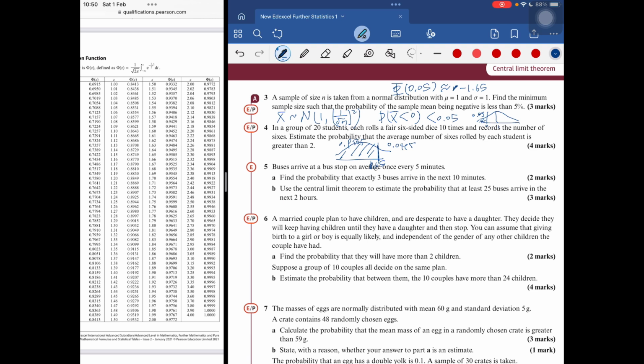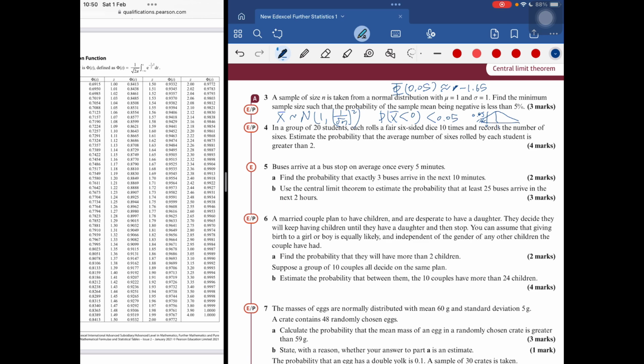Because this is symmetrical, by the symmetry we can tell that on the opposite side there will be negative 1.65 as a z-score. So the z-score is negative 1.65.